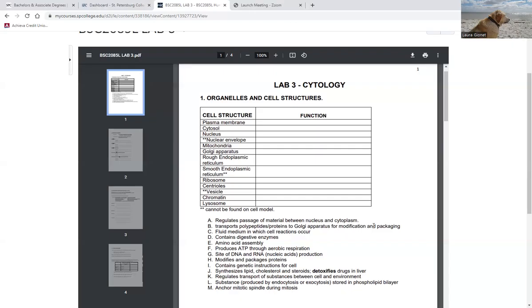D, contains digestive enzymes. That would be the lysosome. E, amino acid assembly. That would be the ribosome. F, produces ATP through aerobic respiration. That would be the mitochondria.